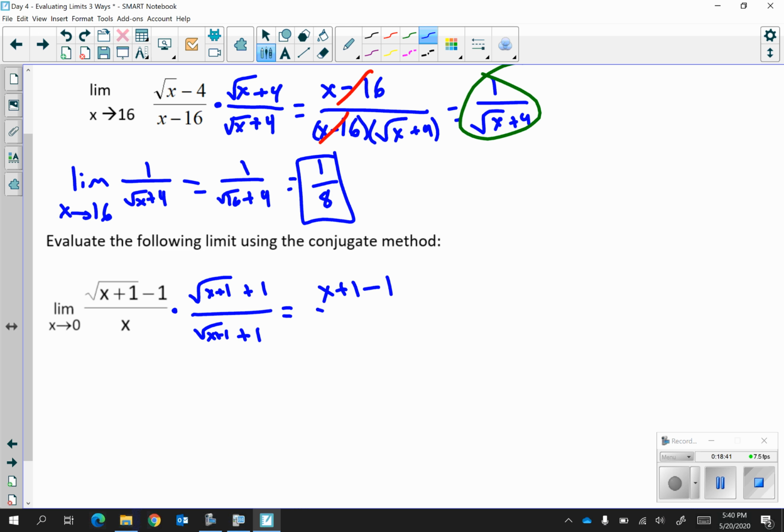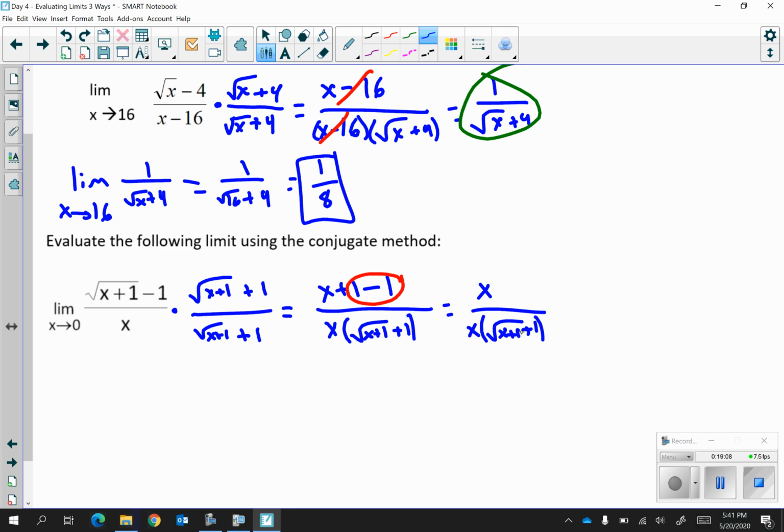On the bottom, I have x times all of this that we're multiplying by, the square root of x plus 1 plus 1. And now I'm going to work on simplifying things. So up top, plus 1 minus 1 reduces to 0. So that's going to be x over x times the square root of x plus 1 plus 1.